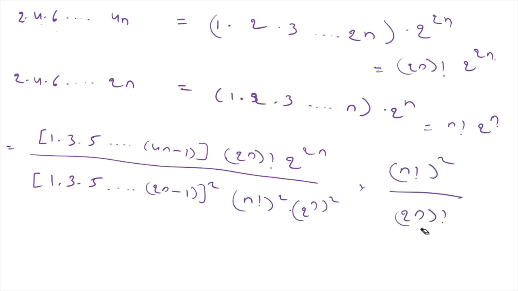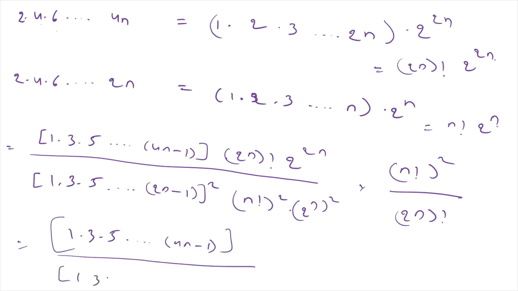So this 2n factorial and this 2n factorial get cancelled, and this n factorial square and this n factorial square get cancelled. What is left is 1 times 3 times 5 so on up to 4n minus 1 as our numerator. And what is our denominator? Denominator is going to be 1 times 3 times 5 so on up to 2n minus 1 whole square. And this is going to be our RHS.